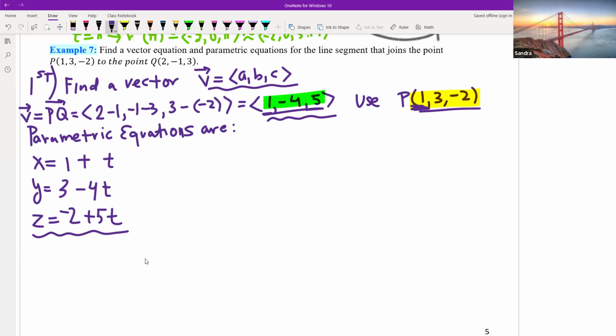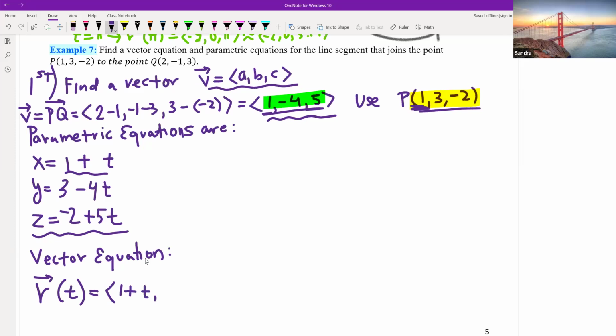Now, the vector equation, well, I will just put it all together. R of t, well, this will be 1 plus t, comma, 3 minus 4t, comma, and 5t minus 2, or -2 plus 5t.